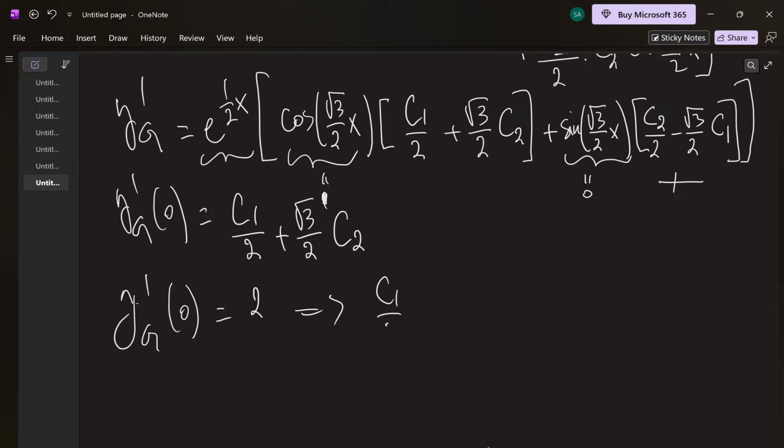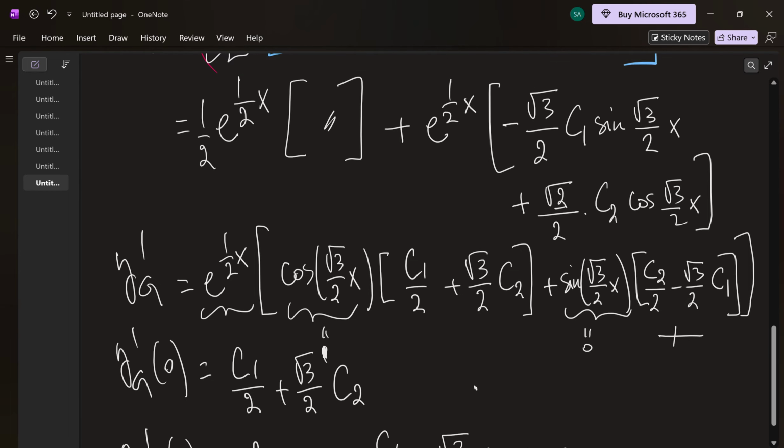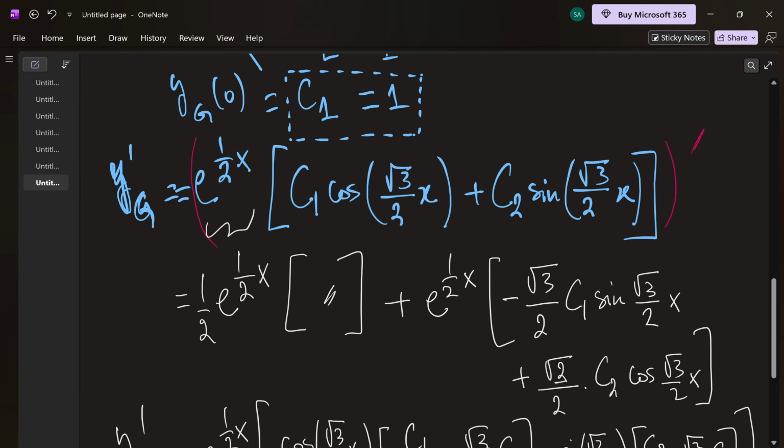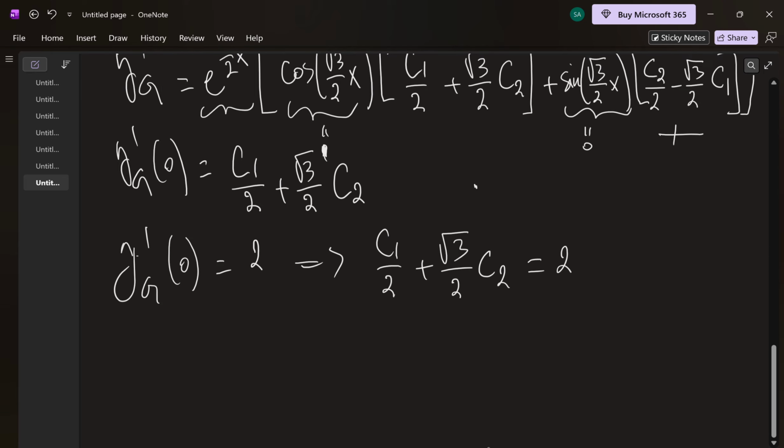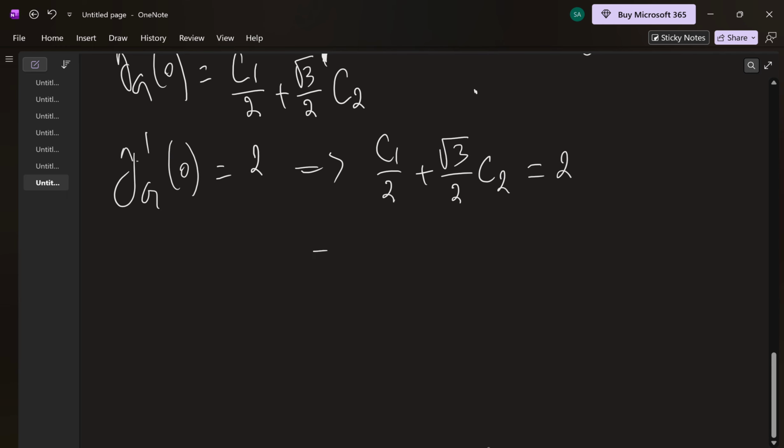So this is a given information. So this leads us to C1 over 2 plus square root of 3 over 2 times C2 is actually equal to 2.